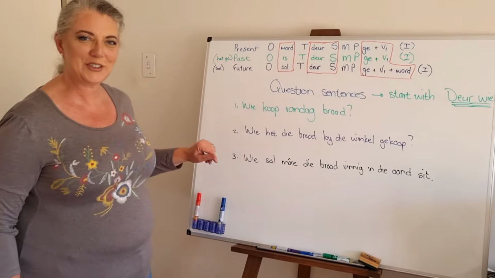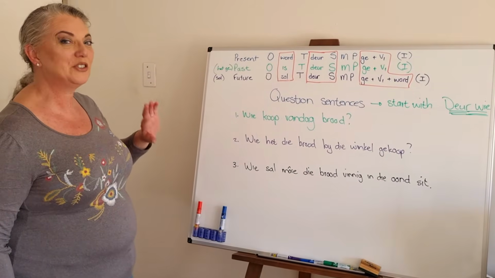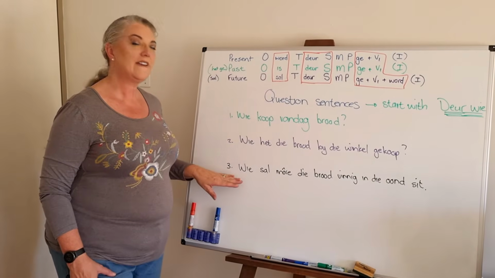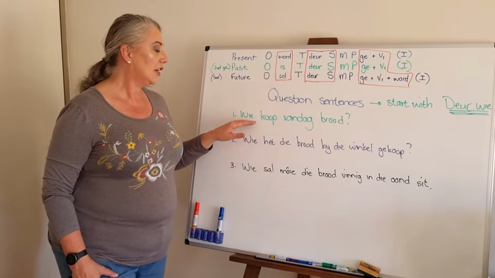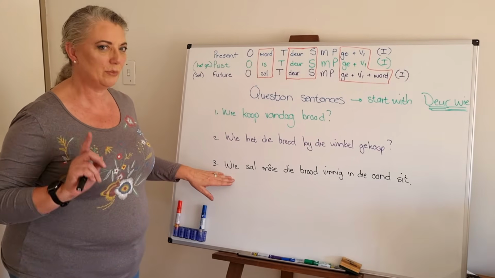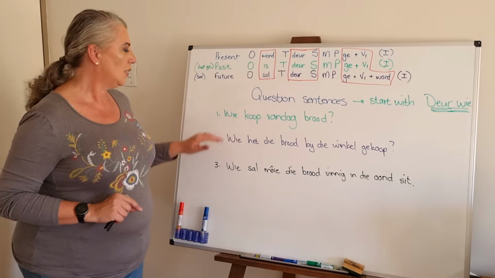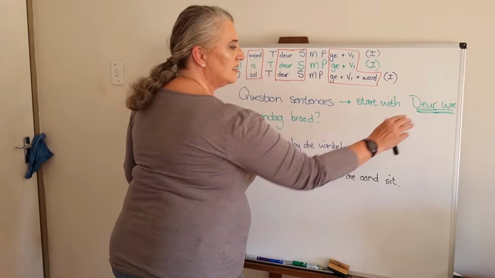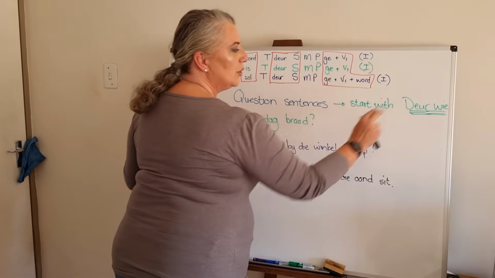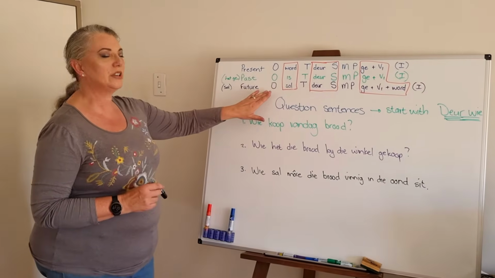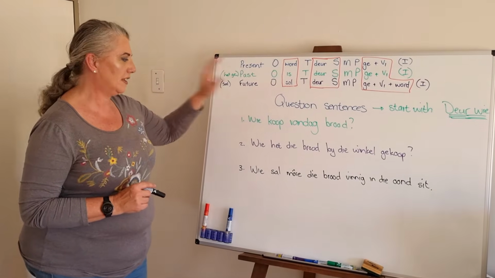When you find a question sentence that needs to be changed into passive voice, you will see it starts with wie. These sentences also have a tense, so be careful with this. When you see a sentence with wie, a question sentence, we change it to deur wie. So at the beginning your object will be deur wie.